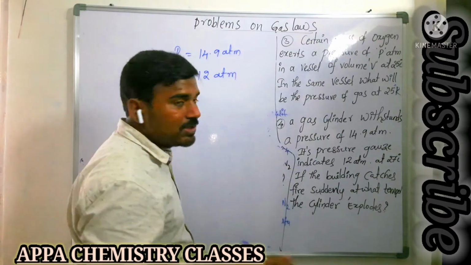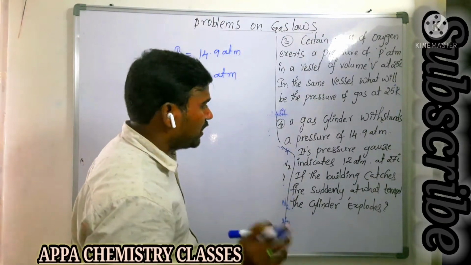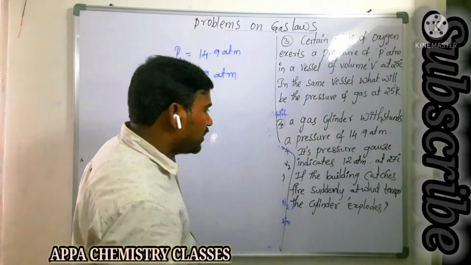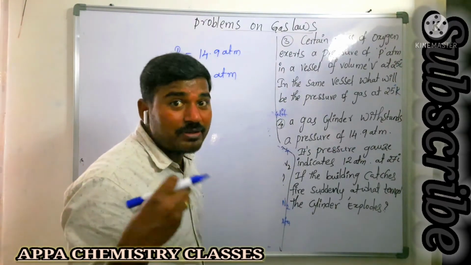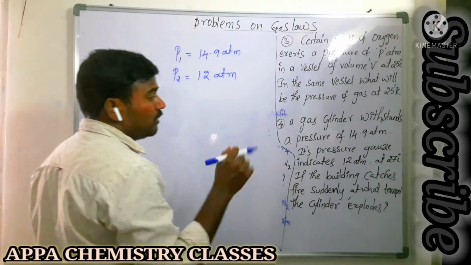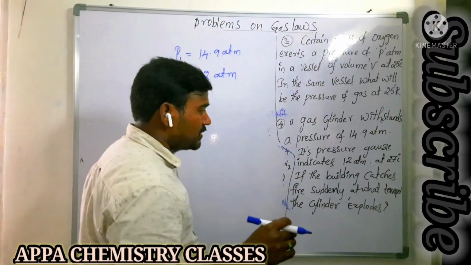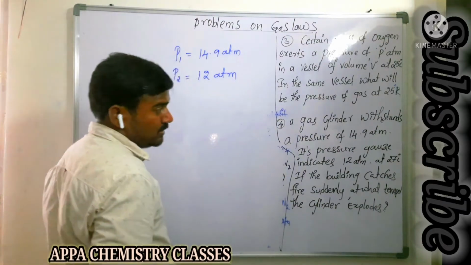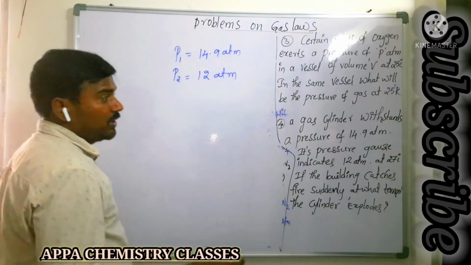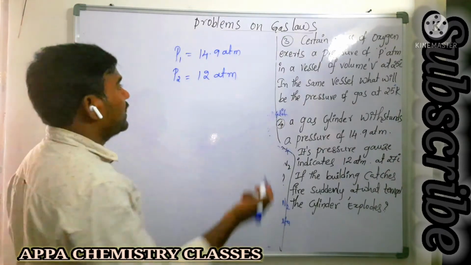Some quantity of gas is utilized, so its pressure automatically decreases. At 27 degrees Celsius, suddenly the building catches fire. At what temperature will the cylinder explode?